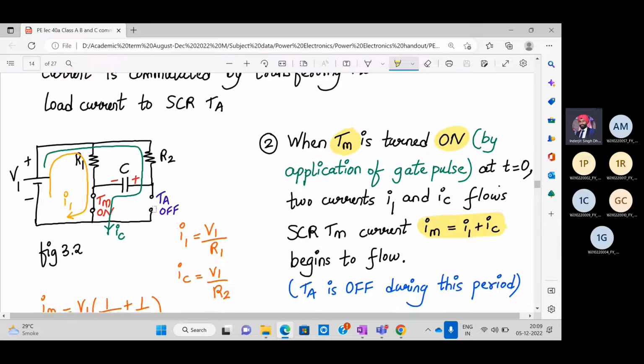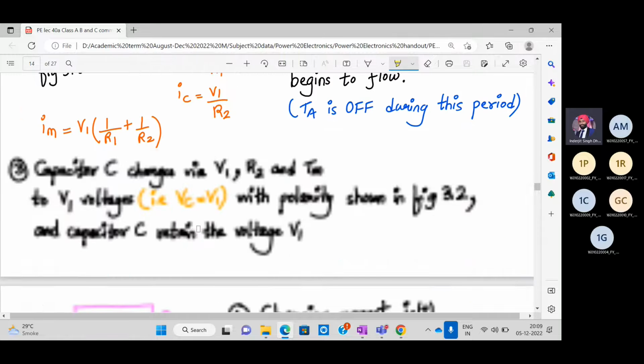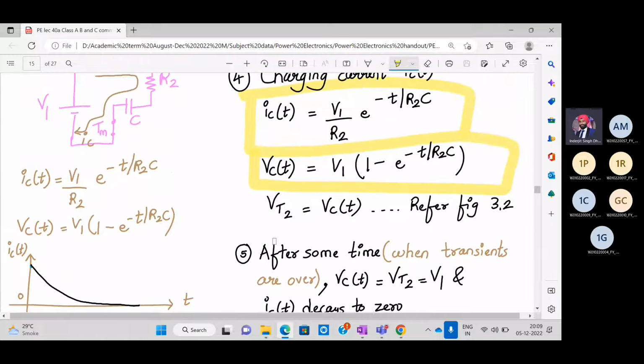So the voltage across the auxiliary SCR TA is actually minus VC. All right, this is a short circuit. So this positive voltage and this negative voltage is coming across, this positive and this negative. So that will make sure that TA is off. So VT2 is actually minus VC of t.